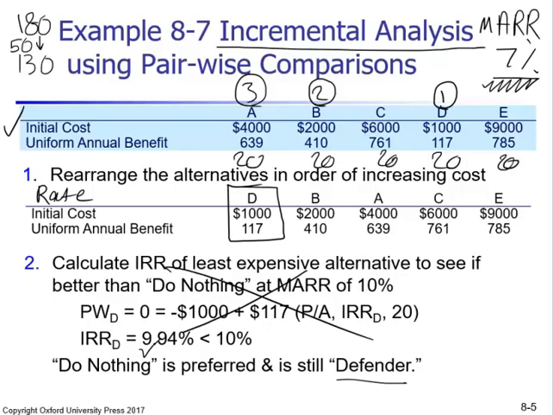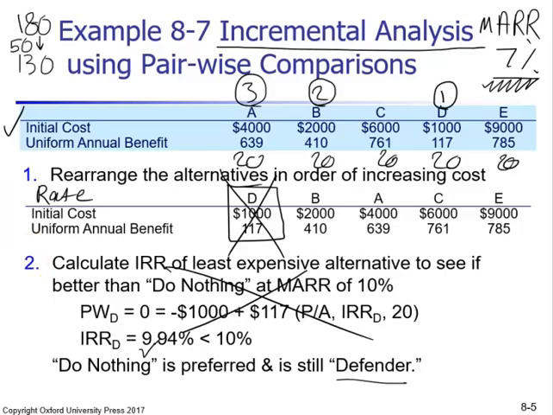And as soon as a defender is beaten by a challenger, the challenger that beat the last defender becomes the defender. It's just a fun way of putting it into words. So still D is out of competition and the defender is still MARR. Okay, and MARR is doing nothing.